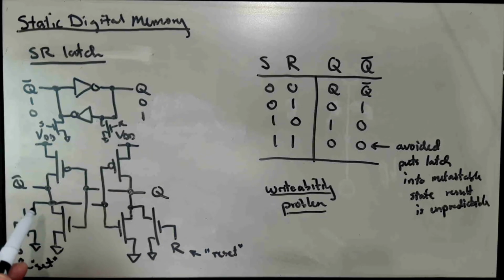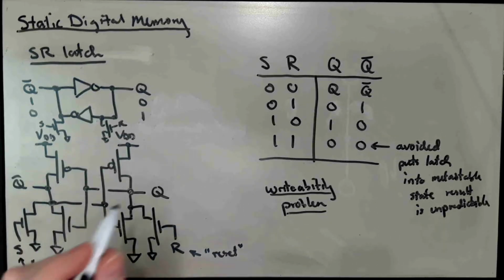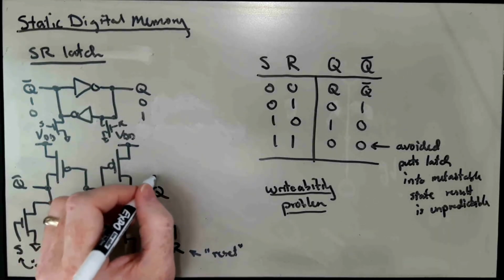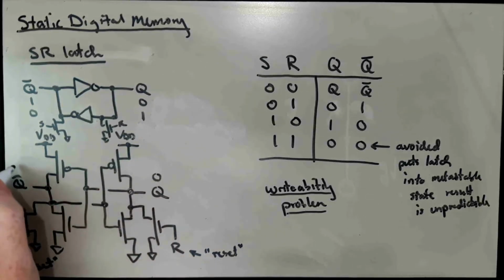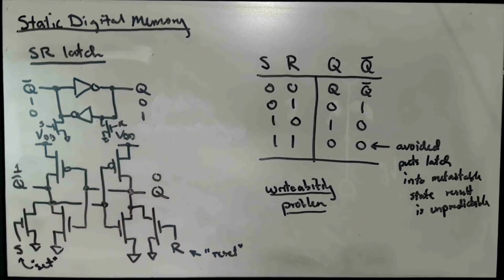Like, for instance, let's suppose that Q is equal to 0 and Q bar is equal to 1. Okay, and we're trying to set the latch into the opposite state, the 1, 0 state.